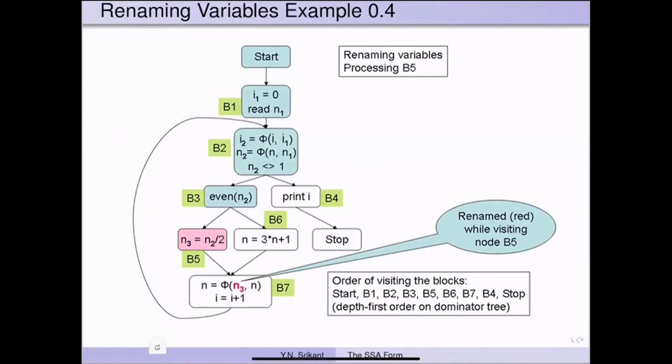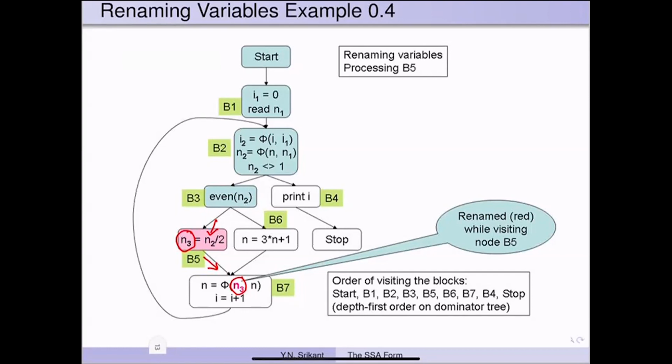Then we visit B5. There is a new definition, so it becomes N3. But there is an old usage, and that is the N2. And now again, we are coming along this edge to block B7. So it is time we rename this variable as N3.